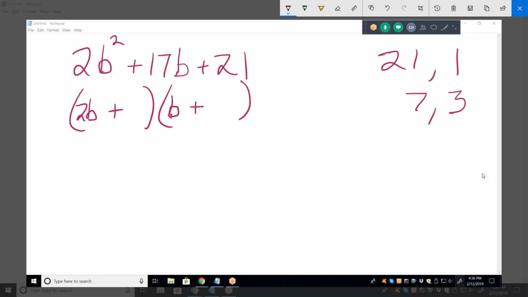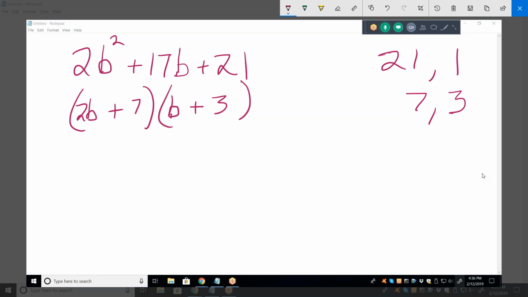And the only reason I tell them that is because most of the problems that are created for the books in Colorado always use the two factors that are closest together. You will rarely find a 21 and a 1 needed here. So I'm just going to arbitrarily do 7 and 3.